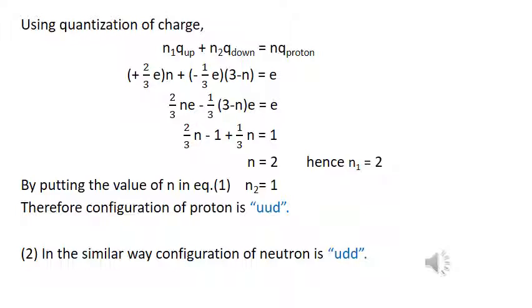By putting the value of n1 in equation number 1, we get n2 is equal to 1, and hence the number of down quarks in a proton is equal to 1. So the possible configuration of proton is UUD. Similarly, we can find the configuration of neutron also, which will be UDD.